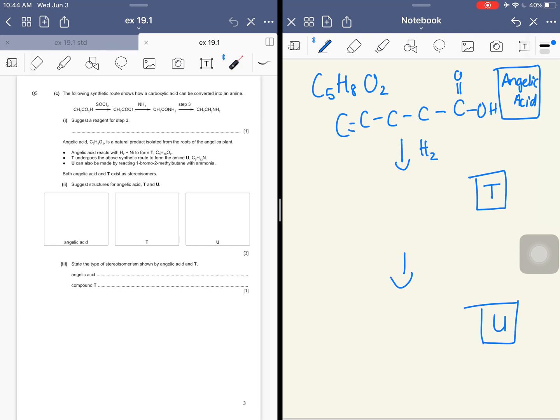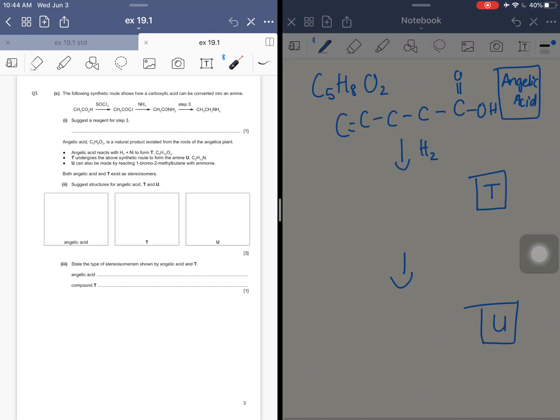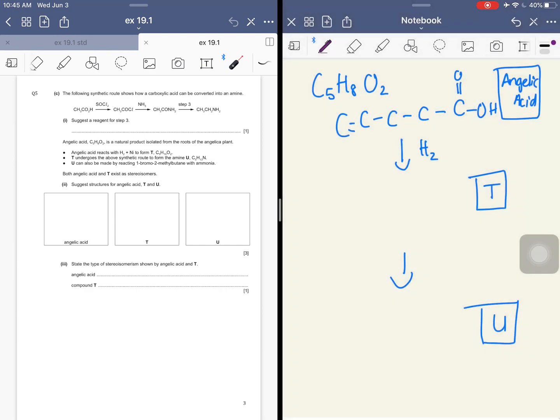However, the last hint given in the question is that U can also be made by reacting 1-bromo-2-methylbutane with ammonia. So this is a completely different reaction, so I'll use a different color, purple. So to form U, I'll write it down here, methylbutane.